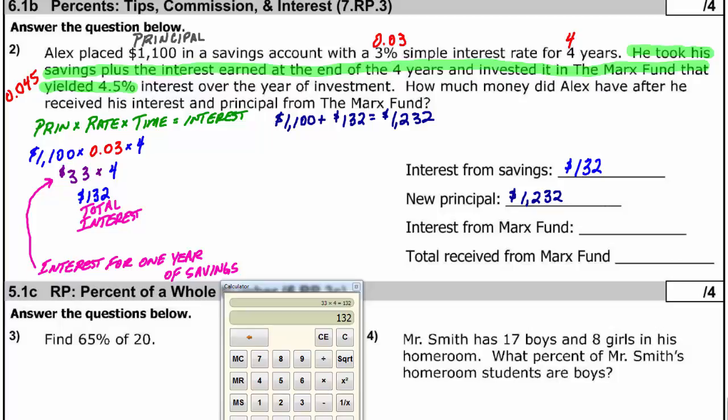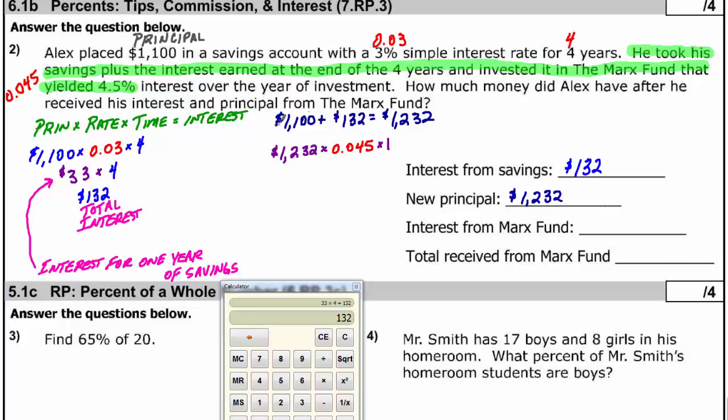So he takes that $1,232. He multiplies that by the 4.5% interest times 1 year.